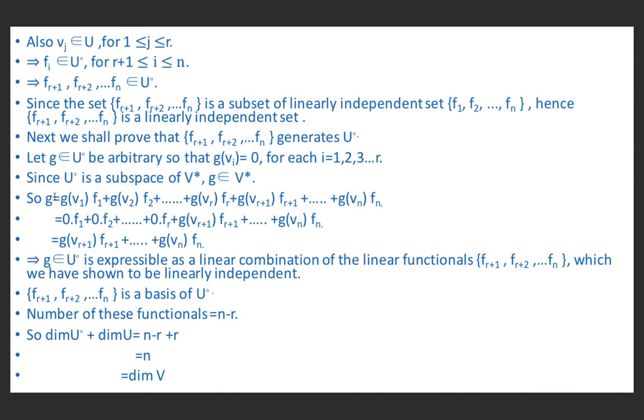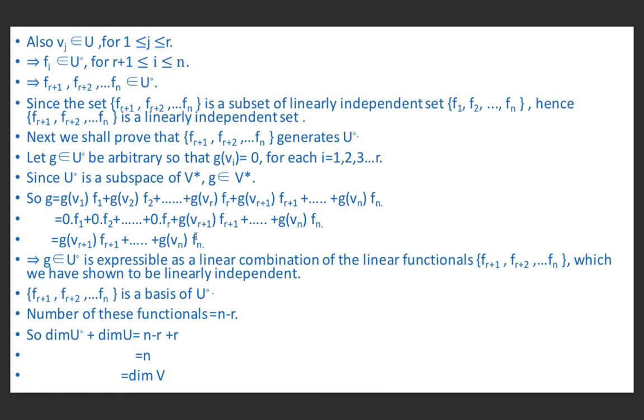Therefore, g can be written as g(v1) f1, g(v2) f2, ..., g(vr) fr, g(vr plus 1) f(r plus 1), ..., g(vn) fn. But g(v1) is equal to 0 here, because g belongs to U dot, the annihilator. So g(v1) equal to 0, g(v2) equal to 0, up to g(vr) equal to 0.